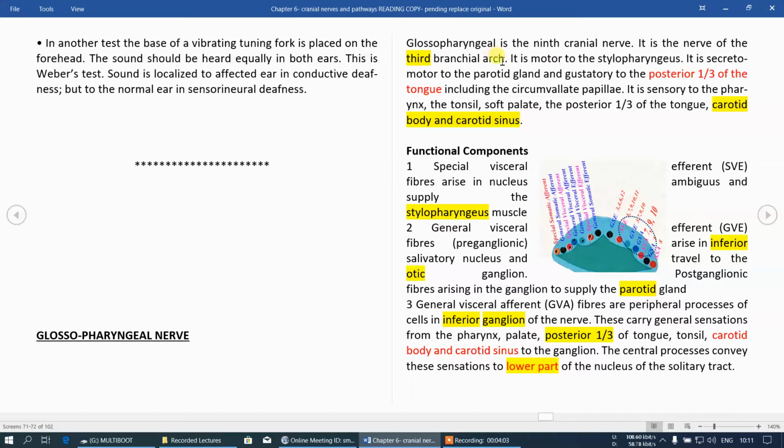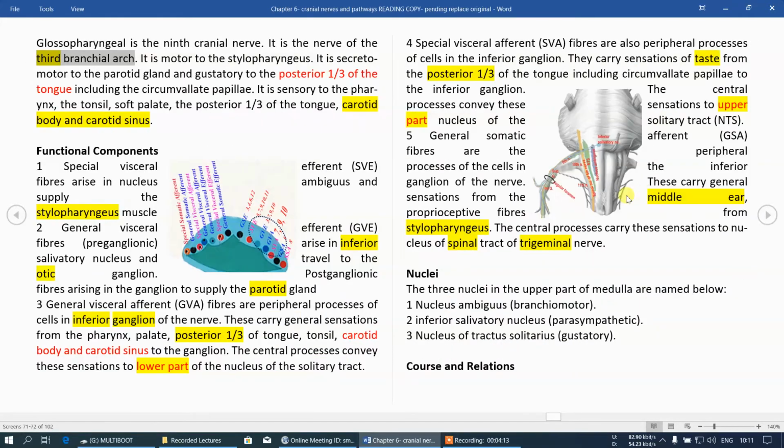The third pharyngeal arch belongs to the glossopharyngeal nerve. It supplies secretomotor fibers to the parotid and tongue, all mucous glands and salivary glands.